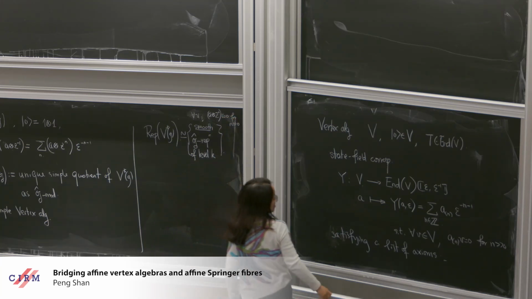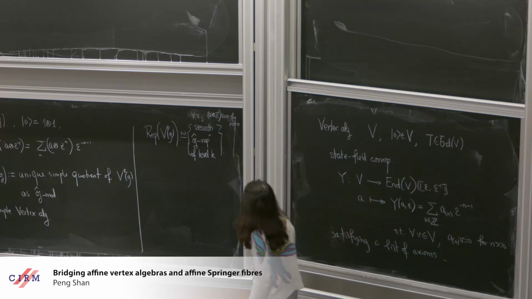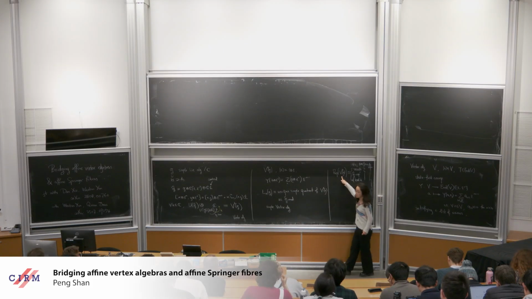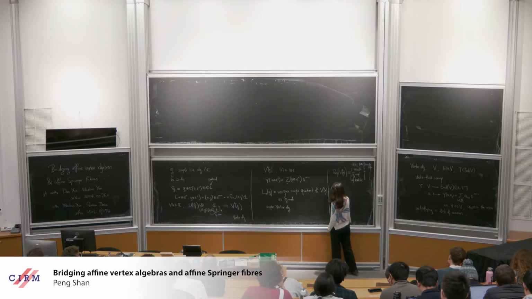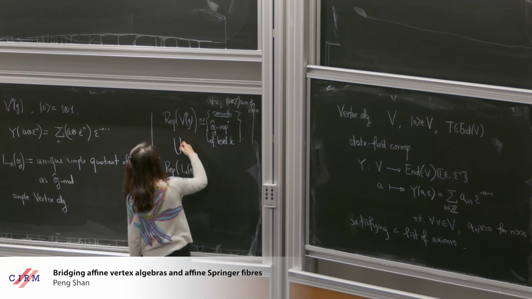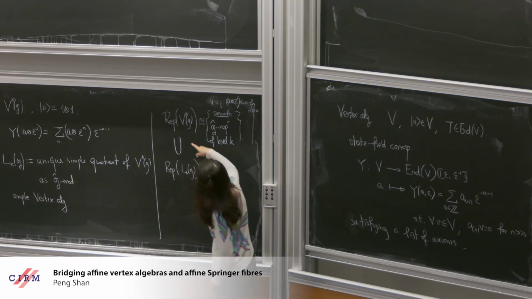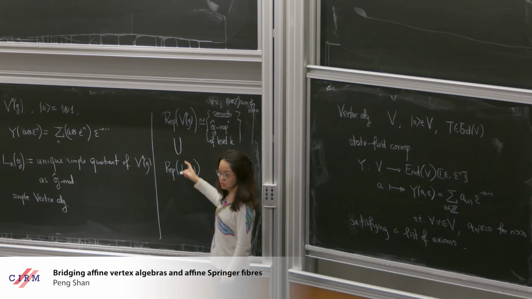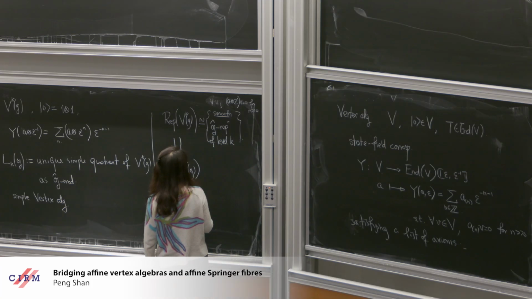So it's the same condition as this one. And L_kG is the quotient of V_kG. So for any representation of L_kG, you can pull it back to obtain a module here, and this is a fully faithful embedding. So this is a full subcategory.